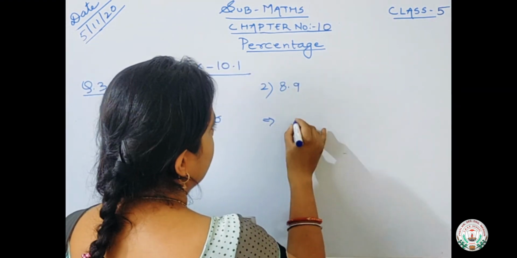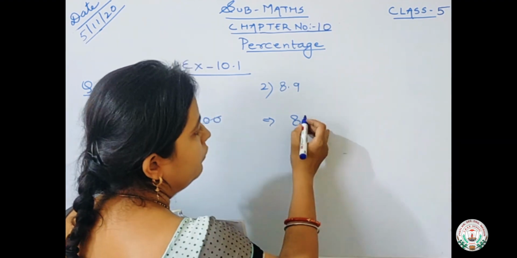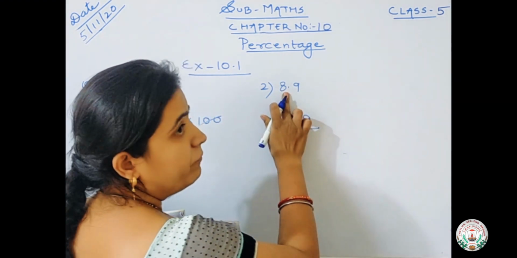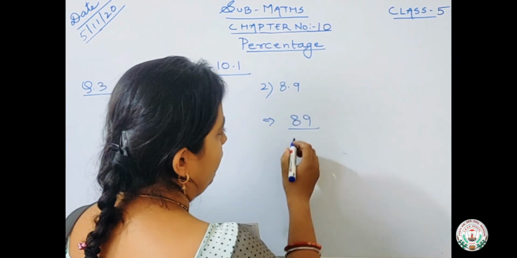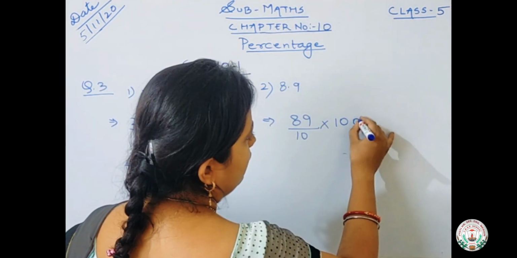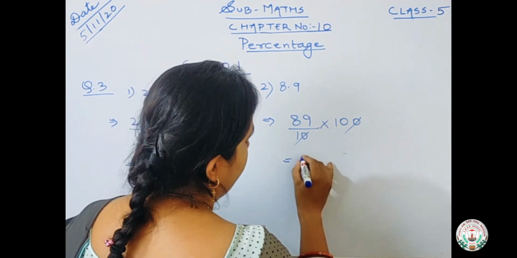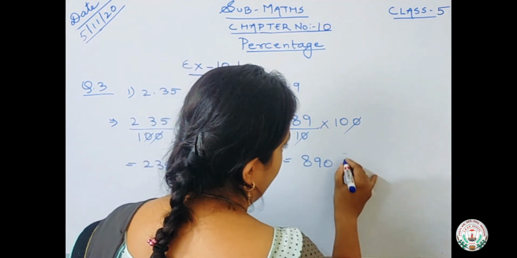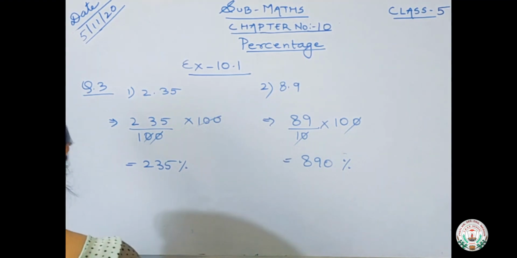Number 2 is 8.9. First we will remove the decimal. One place of number is given after decimal, so we will put 10 and multiply it with 100. Here cancel out, multiply it: 890%. Okay. Next is 7.75.